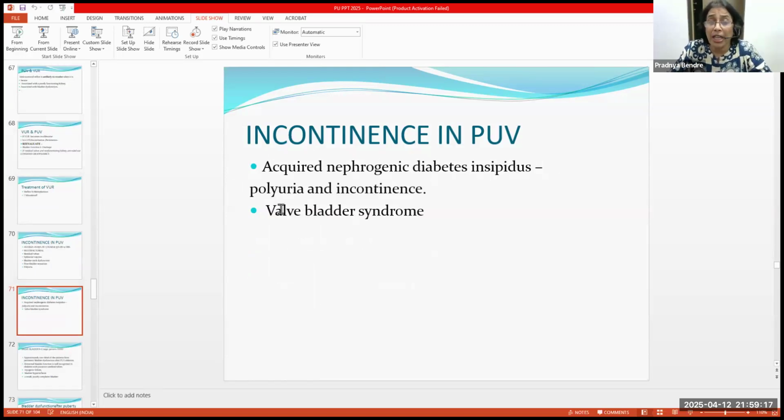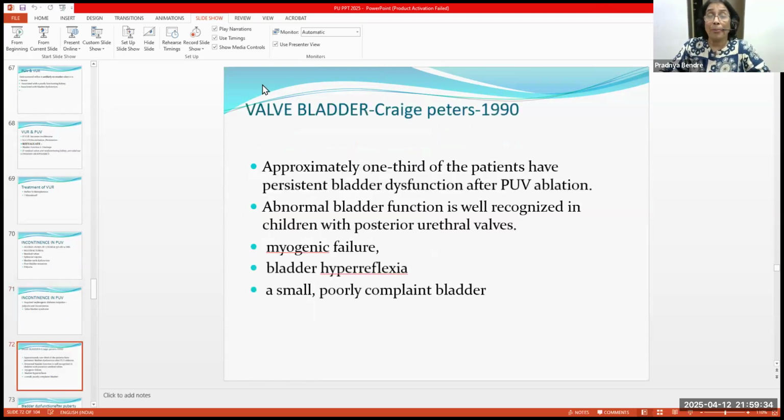So the moment we get a history of incontinence, we must find out whether it is really incontinence or whether it is just urgency or frequency, because with a high volume there may be frequency with a limited bladder capacity. A detailed description and understanding of the valve bladder is very important.